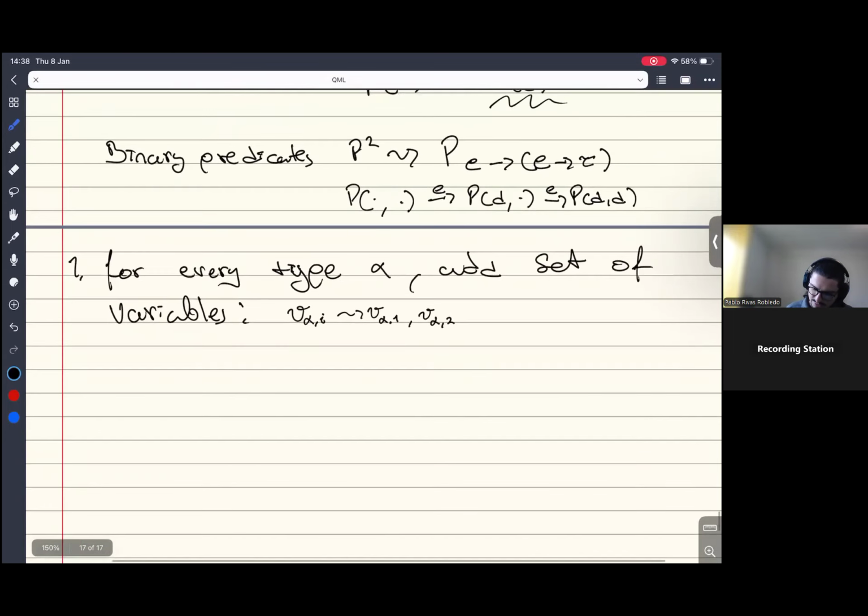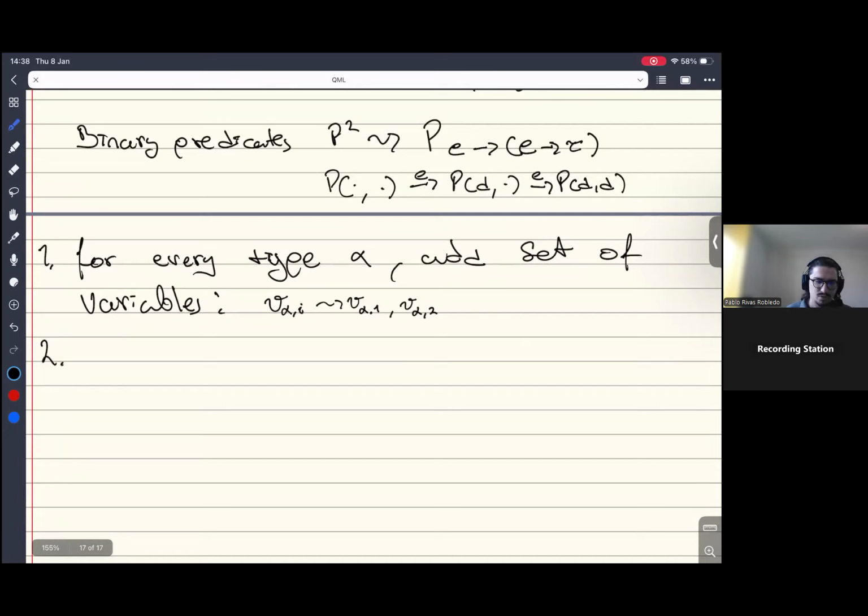Now, on the other hand, we're going to have something called lambda abstraction and application.